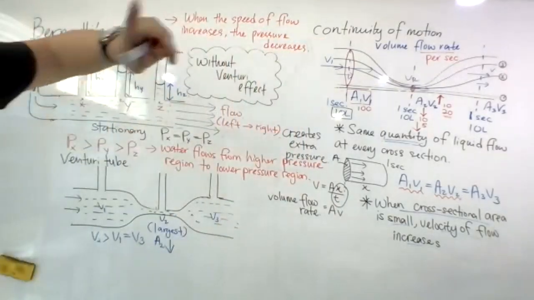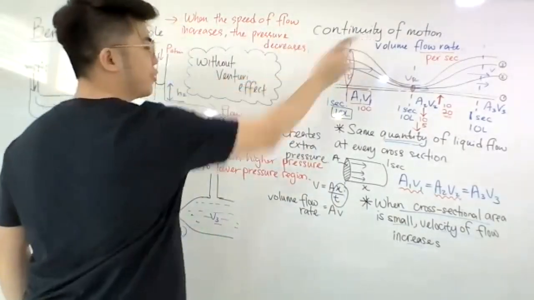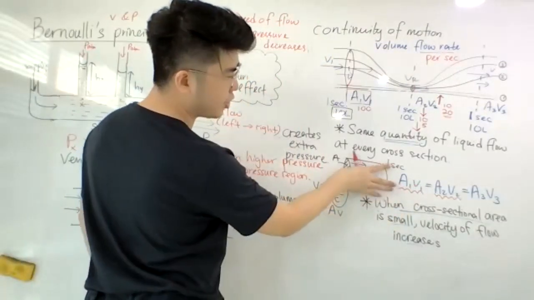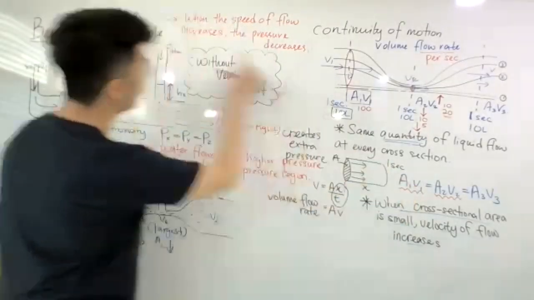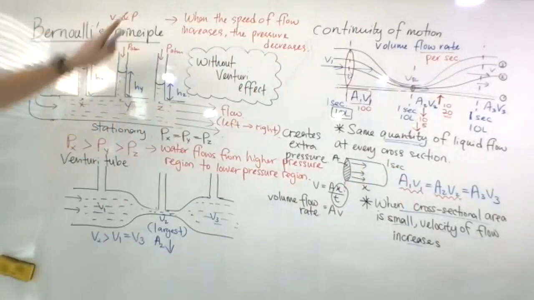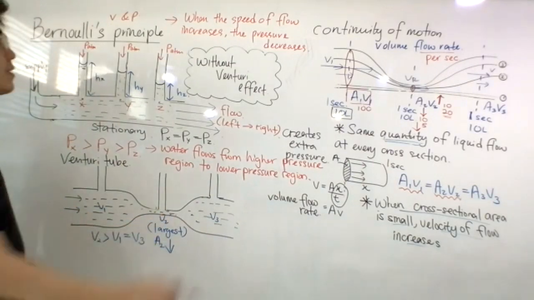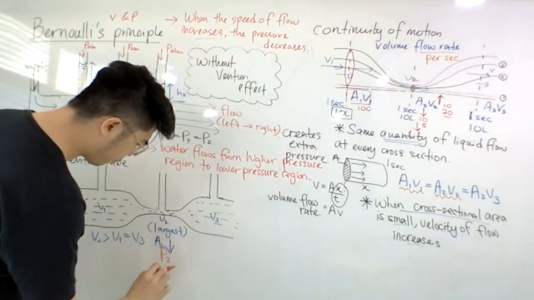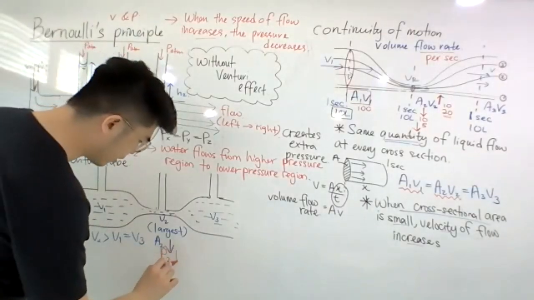The Bernoulli's principle relates speed and pressure. The continuity equation relates area and speed. So that means if I change the area, I affect the speed and I affect the pressure. Okay, so V2 is the largest. What happened to the pressure? If the speed of flow increases, the pressure decreases. That means P2 will have the lowest pressure. P2 is lowest.